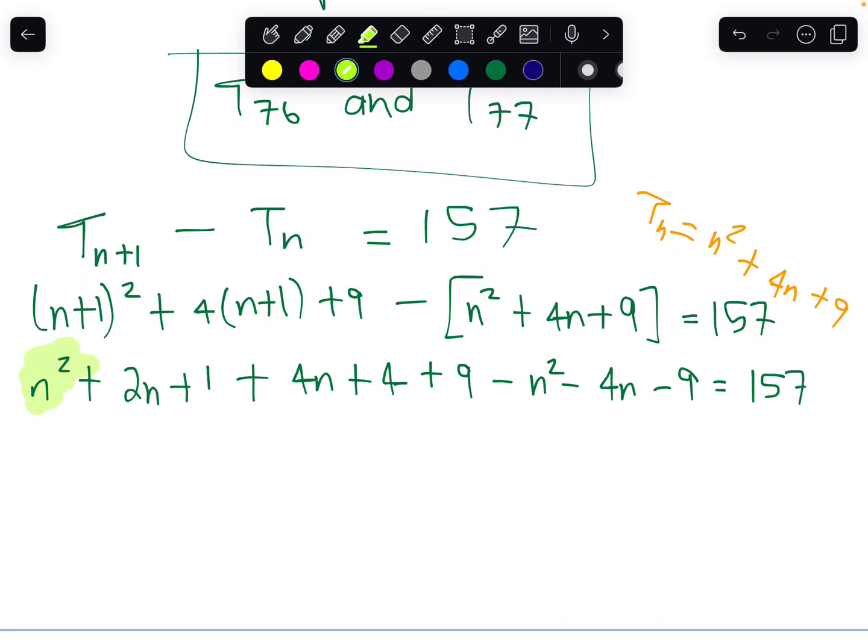n squared minus n squared, so those cancel out. 2n plus 4n, so that's 6n, minus 4n, so that takes us back to 2n. And then lastly, we have 1 plus 4, 5, plus 9, 14, minus 9, back to 5.